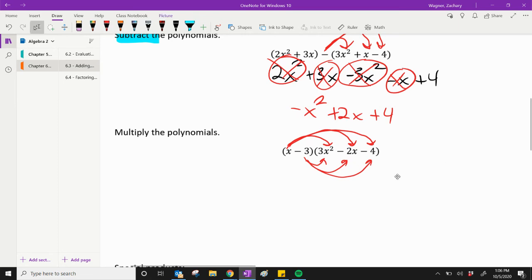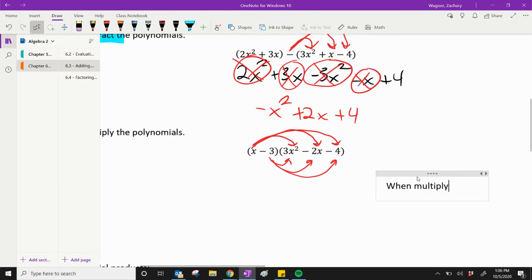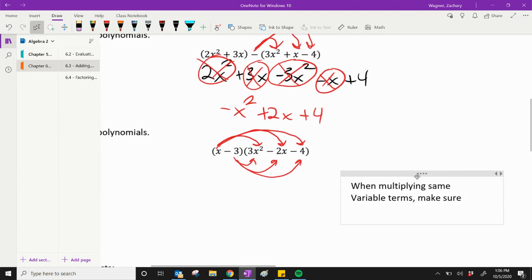When multiplying same variable terms, make sure to add your degrees. What I mean by that is if you take x and multiply by 3x squared, the coefficient stays the same.